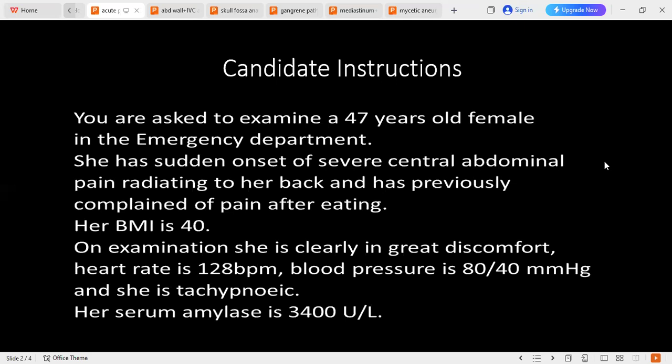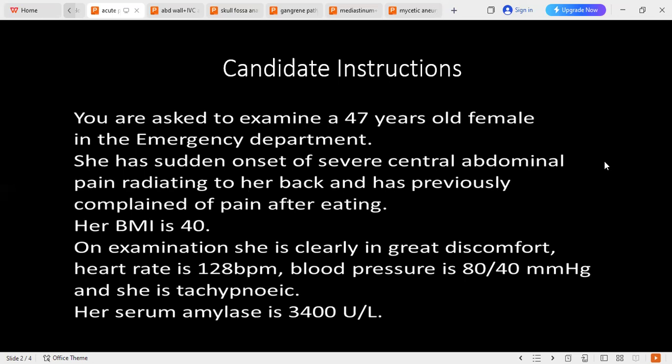Glasgow criteria refers to PaO2, oxygen saturation, A is albumin, N is neutrophil, C is calcium, R is urea, and S is serum amylase.